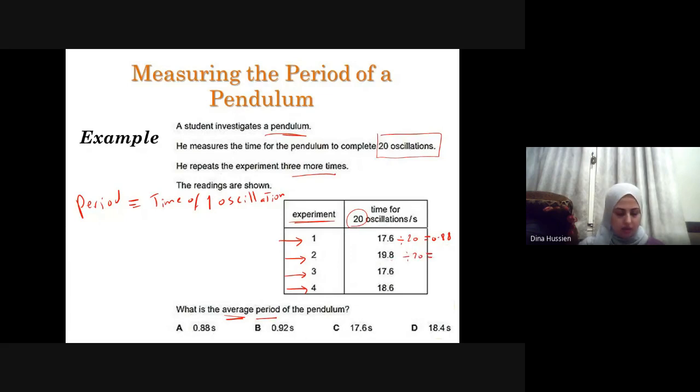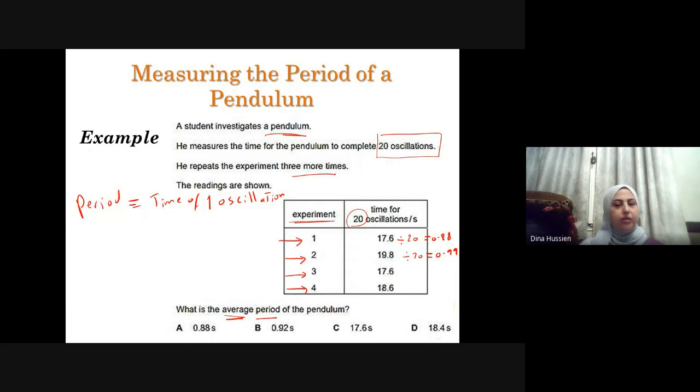So this is 19.8 divided by 20, so the answer is 0.99. يبقى 0.99 ده التايم بتاع 1 oscillation.